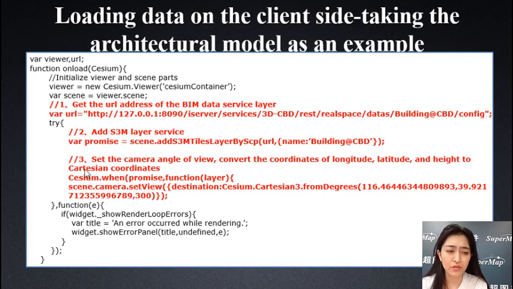If we want to set its camera, we should use this. Otherwise we will be in the view of the 3D scene and will not be able to observe whether our data has been successfully loaded.